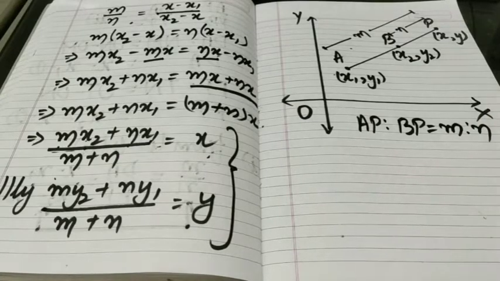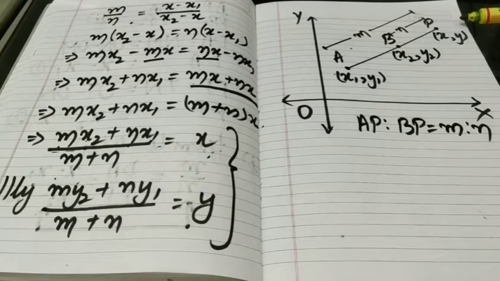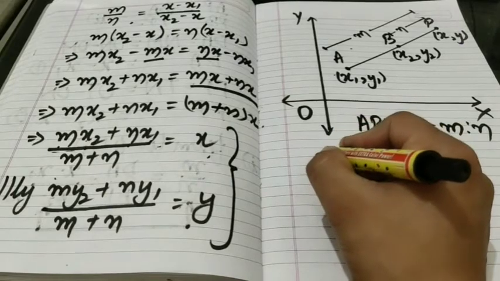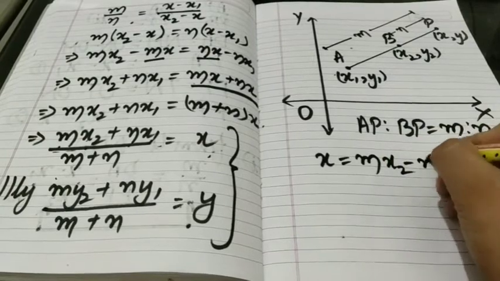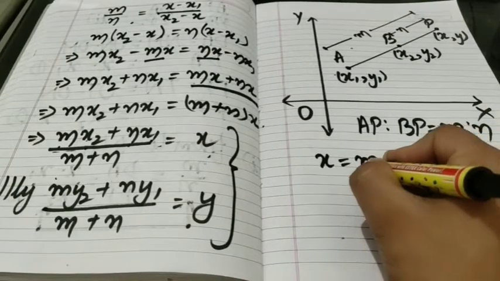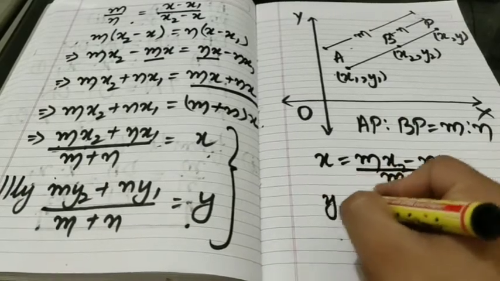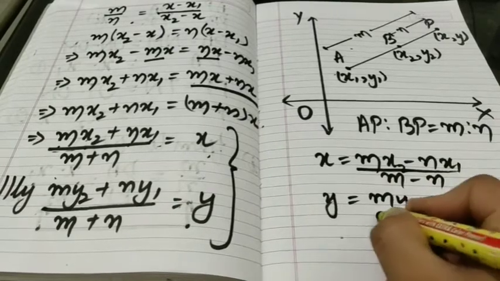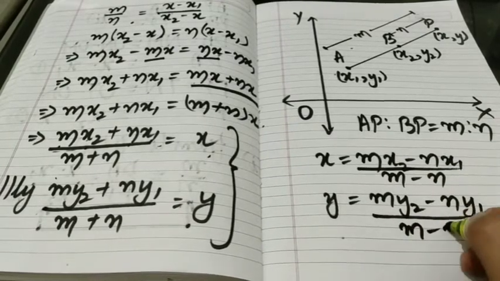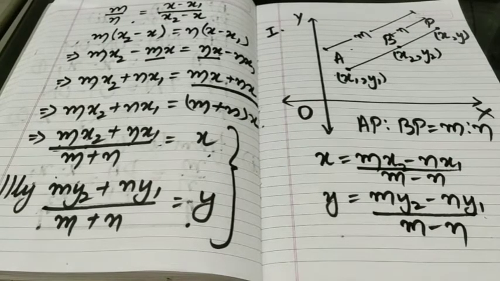This is the case when P divides line segment AB externally in m:n. In that case, the x coordinate of point P will become (m x2 - n x1) upon (m - n), and the y coordinate will become (m y2 - n y1) divided by (m - n). So this is the first special case of the section formula.